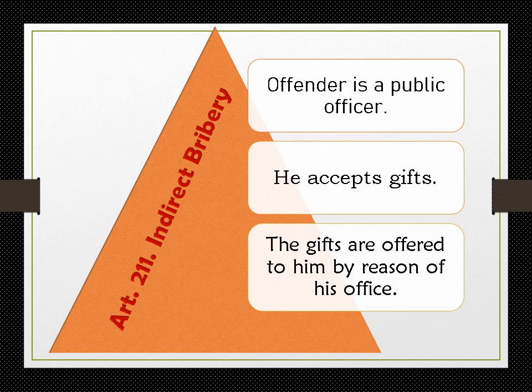The only reason why the public officer is liable for indirect bribery is because he accepts gifts offered to him by reason of his office. So yun lang. Kaya lang siya liable is because he accepts or he accepted gifts that were being offered to him by reason of his office. So those are the differences between direct bribery and indirect bribery.